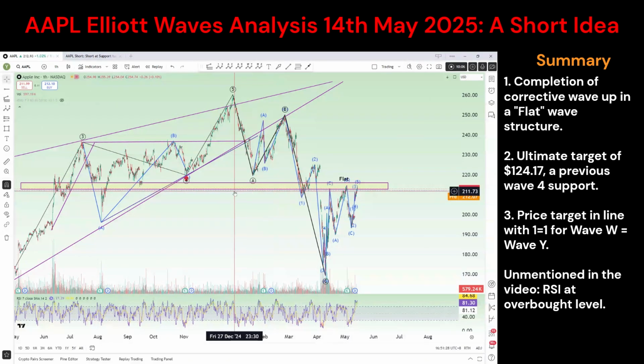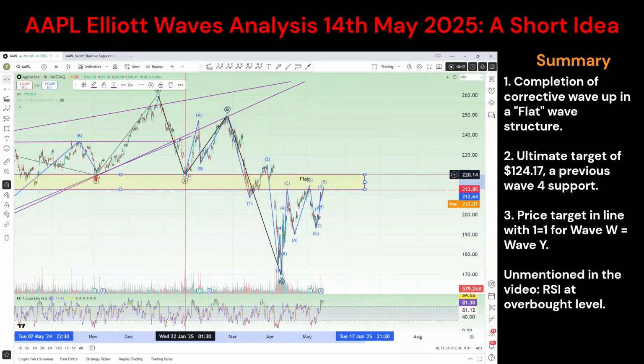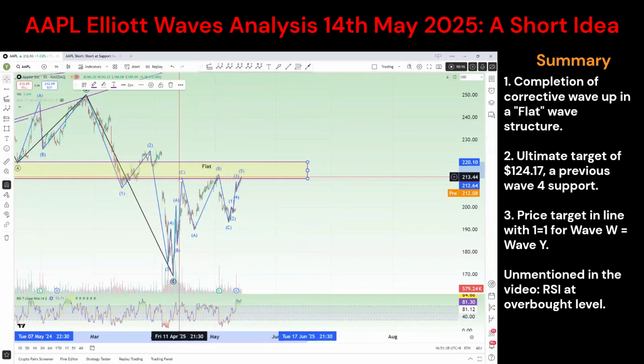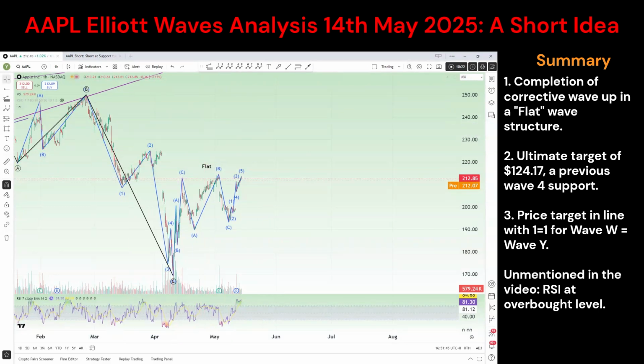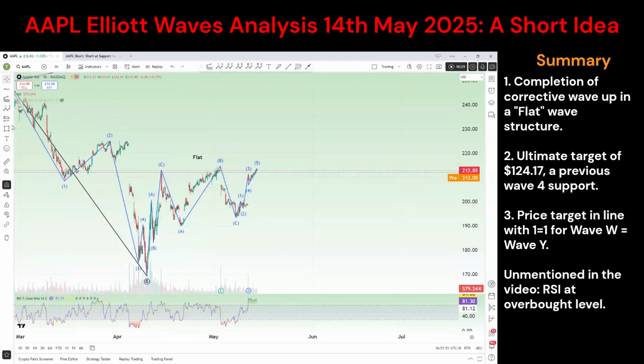If I extend a bit, you can see more turning points within this area, including this, right? Then over here you have one, two, three. So these are the more recent ones. We actually give the more recent support or resistance more significance, right?